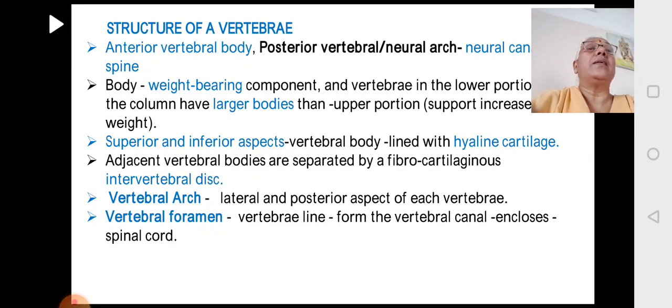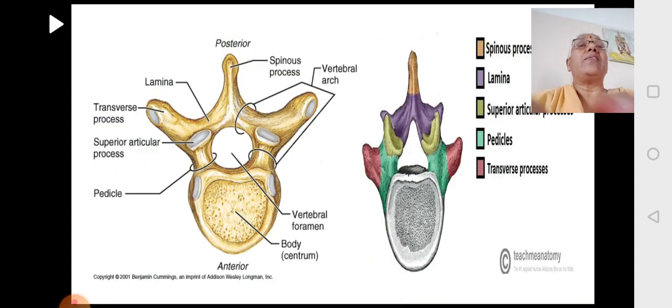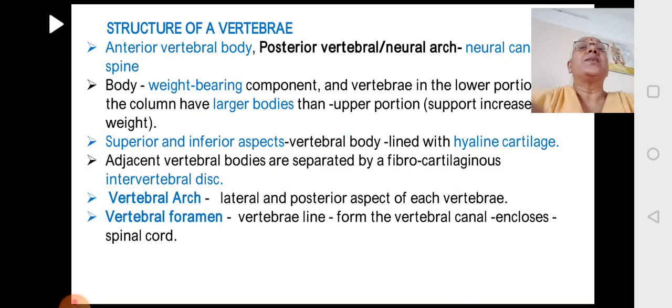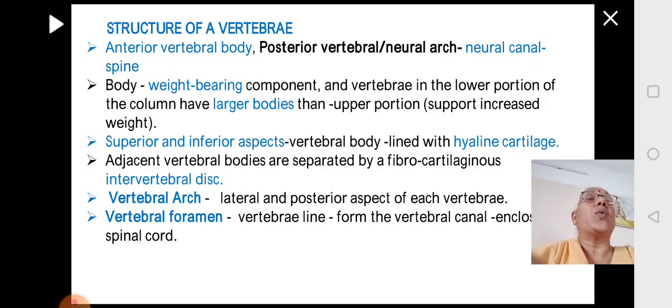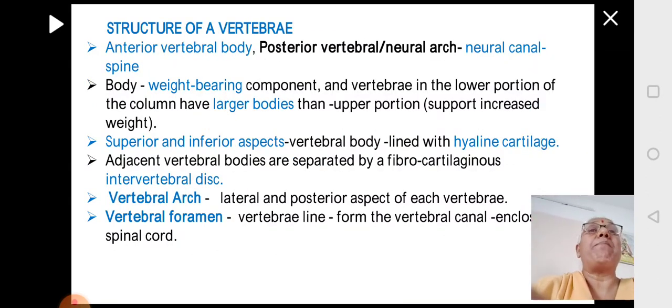Now we will look at the structure of the vertebrae. I will just show the picture. This is how a single vertebra will look like. So we will look at the different parts of the vertebra. First of all, if you look at a single vertebra, it will have two parts.